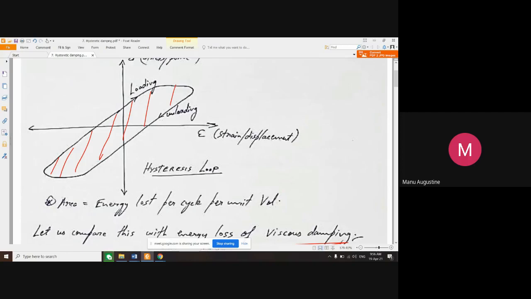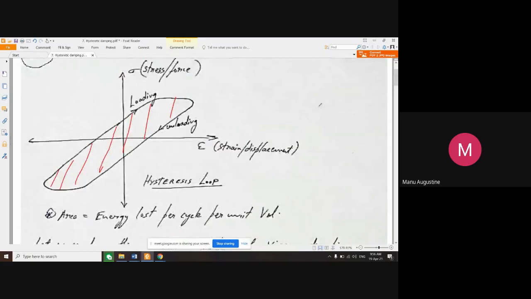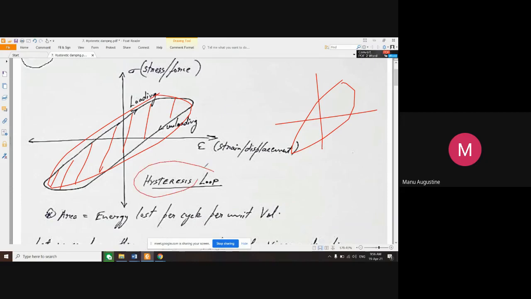So we are trying to see whether a similar hysteresis loop can be identified for viscous damping. That is what we are going to do. And once we are able to do that, we will say that yes, I have a hysteresis loop for viscous damping, I have a hysteresis loop for hysteretic damping, and since these two are comparable, now I can enable a sort of mathematics with which I can convert the hysteresis loss into some sort of damping mechanism, so that I can put a damper for hysteresis loss also.